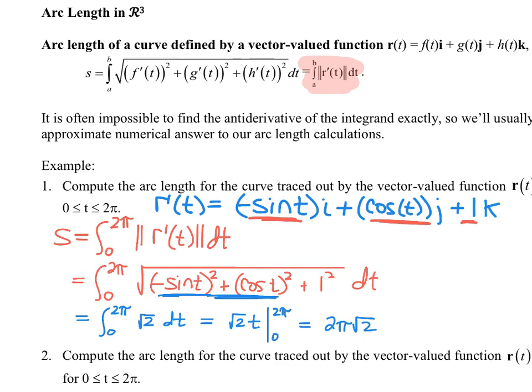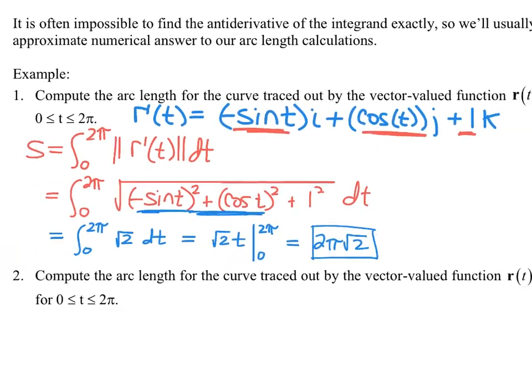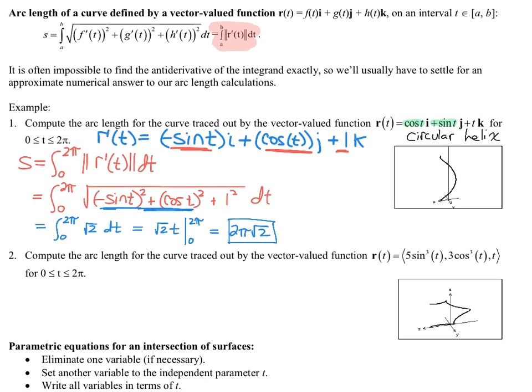All right, so like I said, you could put it in your calculator, but this is one of those rare instances that it's just easier to do it by hand. All right, so we'll be doing more with this starting next class. Number 2 is talking about the arc length of this function, which is raised to the 3rd power, which is a little beefier.